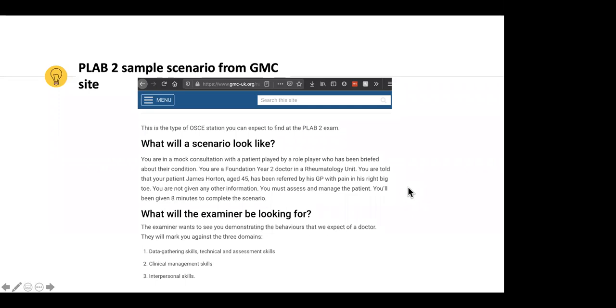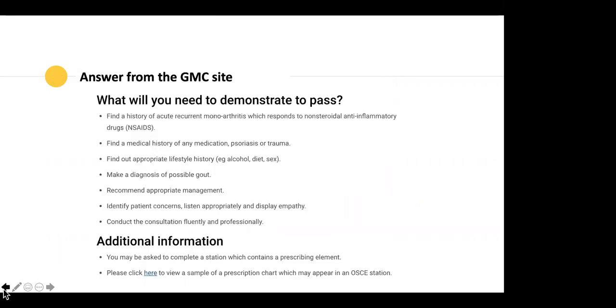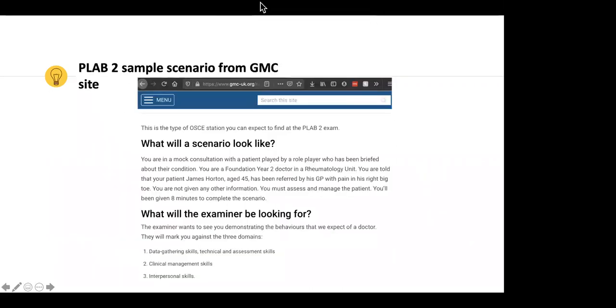You are a foundation year 2 doctor in the rheumatology unit. You are told that your patient, James Horton, age 45, has been referred by his GP with pain in his right big toe. You are not given any other information. You must assess and manage the patient. You'll be given 8 minutes to complete the scenario.